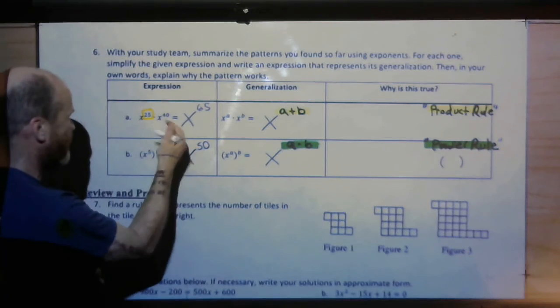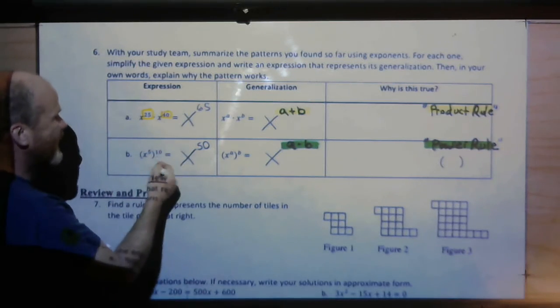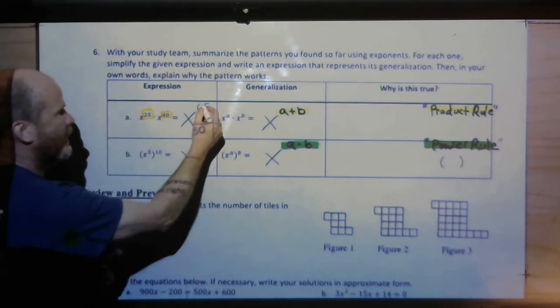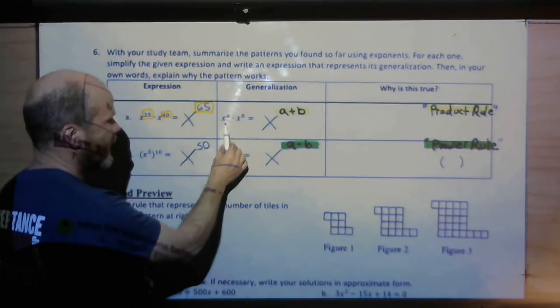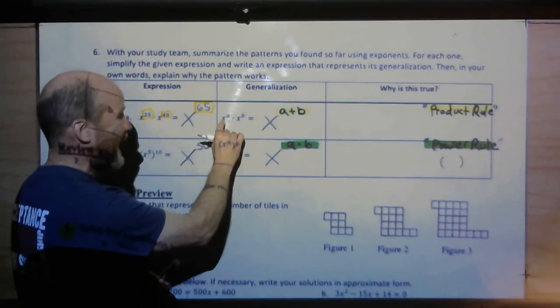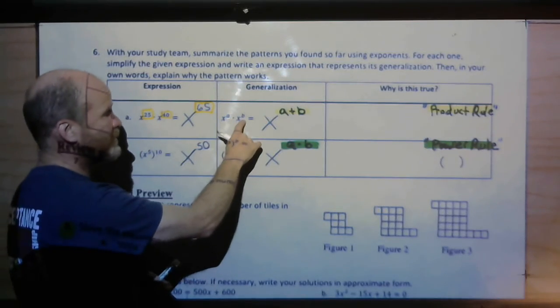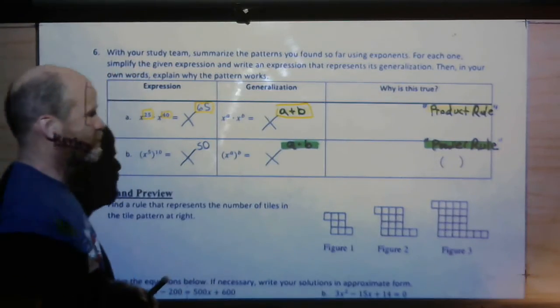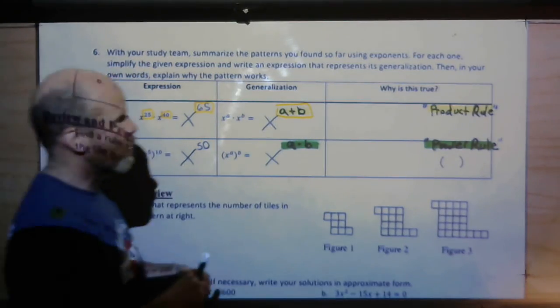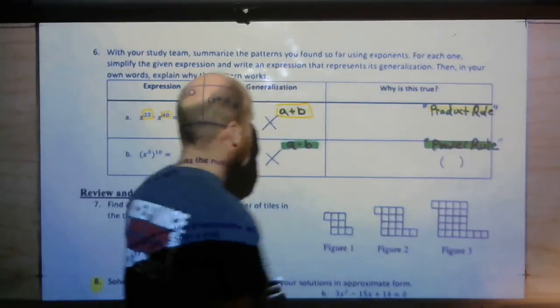That's ridiculous. And then x 40 times. But what we can do is add those 2 together and get 65. So the generalization would be x to the a power times x to the b power. You're adding your exponents right there, you're adding a plus b. And we're going to call that the product rule.